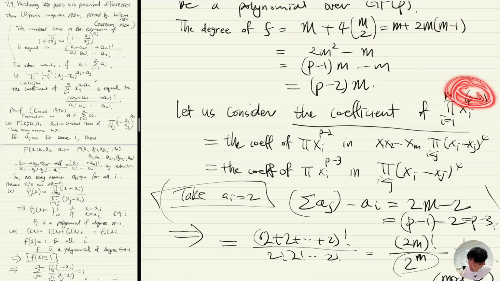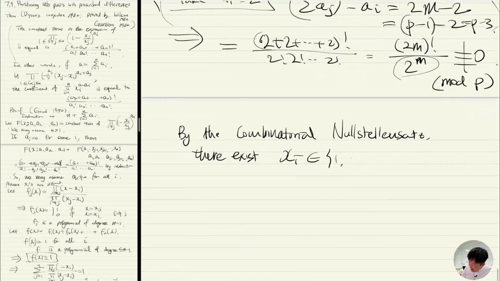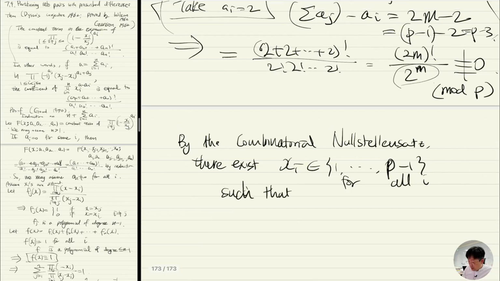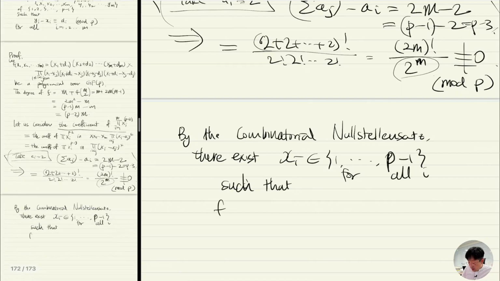This exponent is p minus 2, so I can have one more choice. So for each of them, I can choose xi from here such that this polynomial f of x1, x2, up to xm is non-zero modulo p.